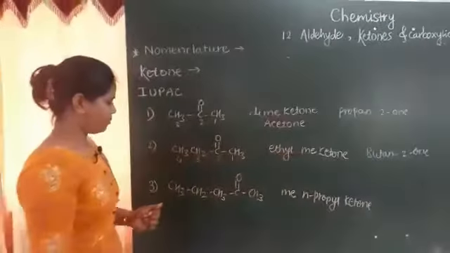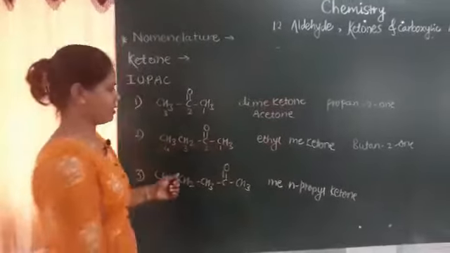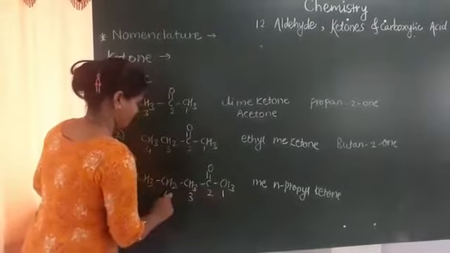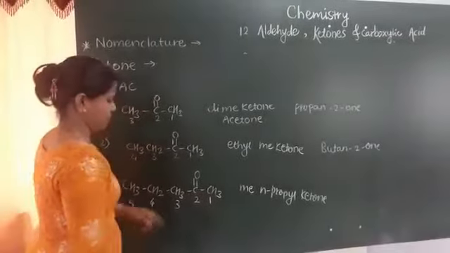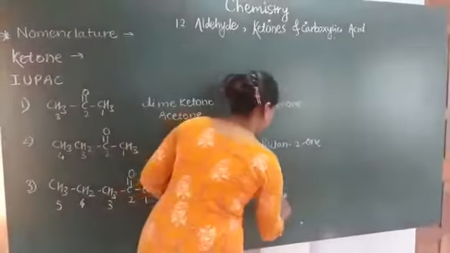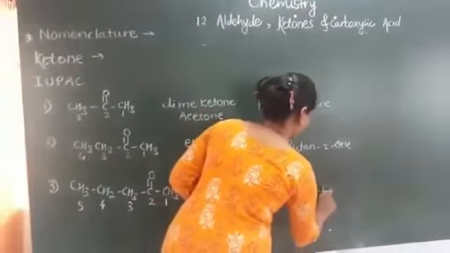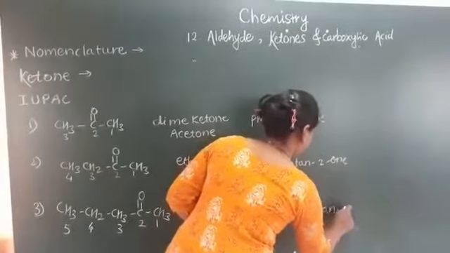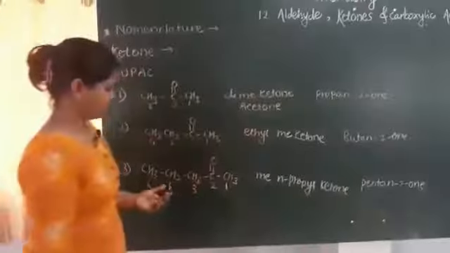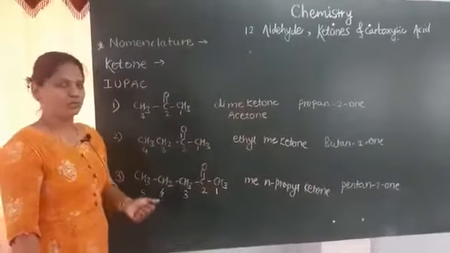Methyl N-propyl ketone, and the IUPAC name is, numbering 1, 2, 3, 4, 5, on the second carbon atom the ketonic group is there. Because of 5 carbon atoms, we write pentanone, pentan-2-one. Okay, and the correct name is pentan-2-one.